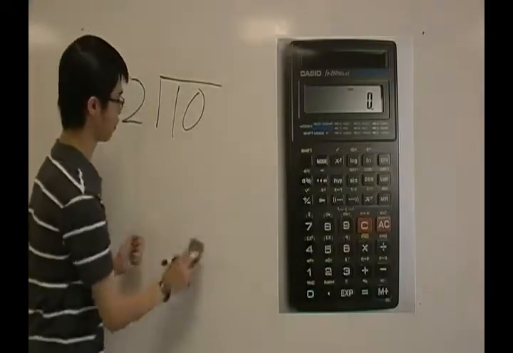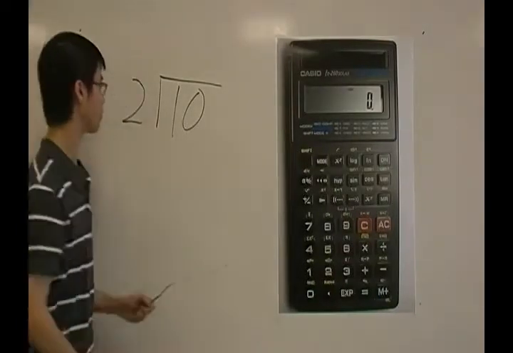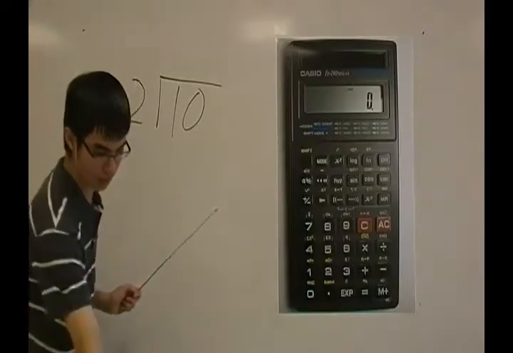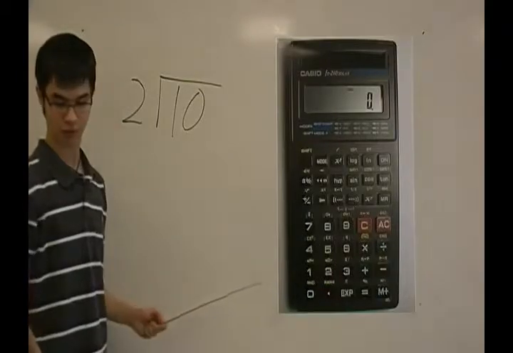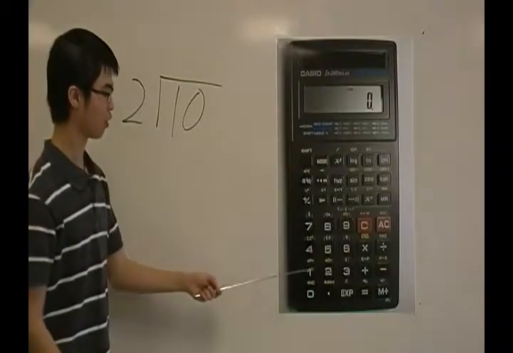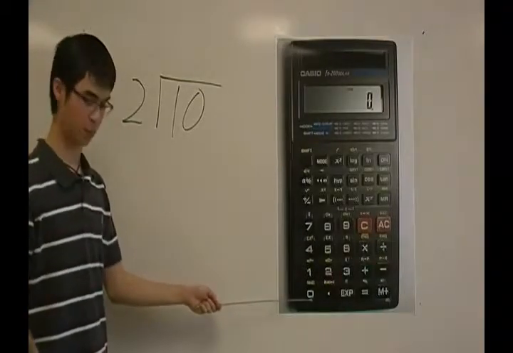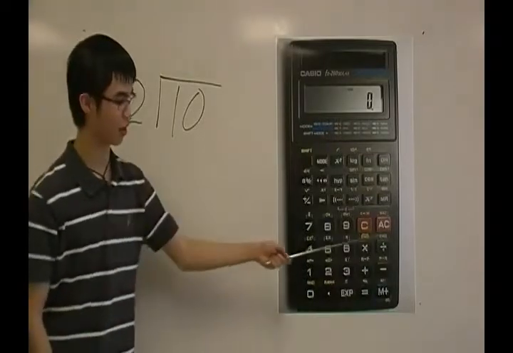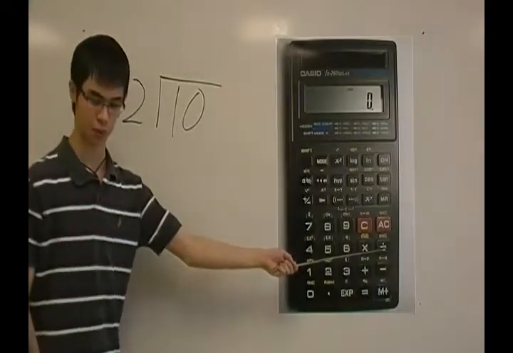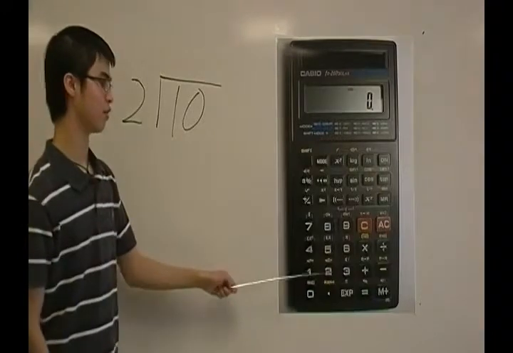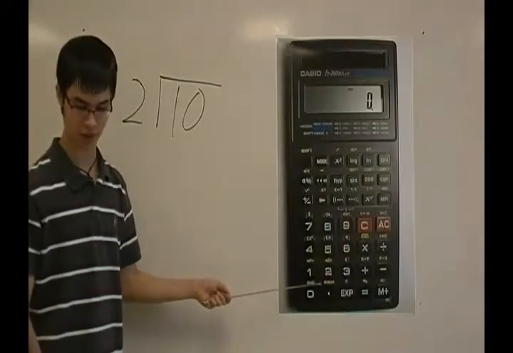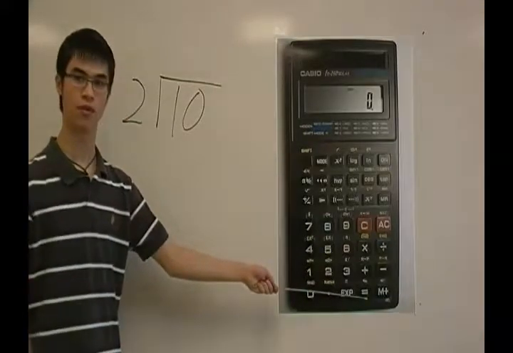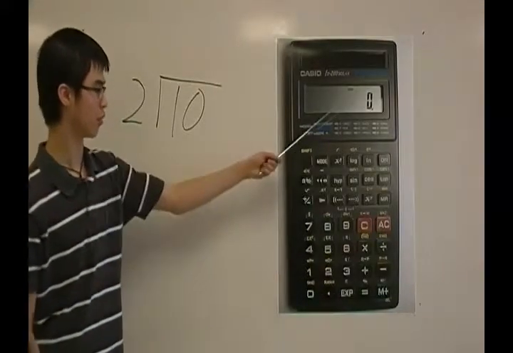So let's do this on the calculator now. What you'll do first is you'll hit 10, or you'll punch in 1 and 0. Then you'll go over here and hit the division symbol button. Then you'll hit the 2, which is 10 divided by 2. And then you'll hit the equal symbol. You'll come up with your answer.